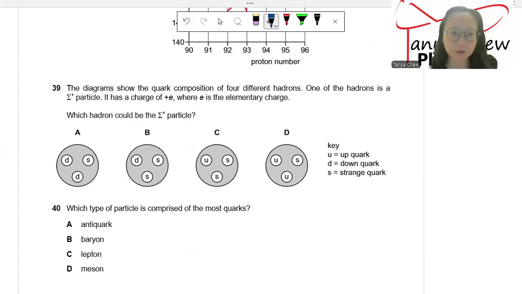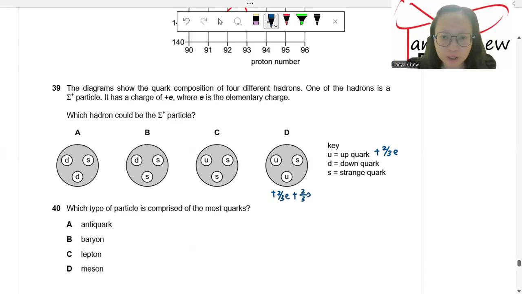Sigma plus particle is positive, so it has to be 2 up quarks and 1 strange, because an up quark is plus 2 over 3e. So you have plus 2 over 3e plus 2 over 3e minus 1 over 3e for the strange. So you get 4 minus 1, so this is 3 over 3e, which is positive e.